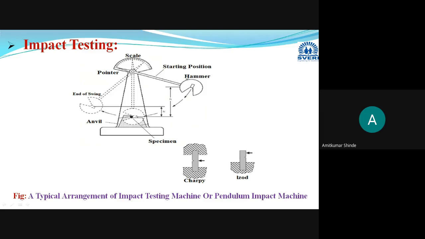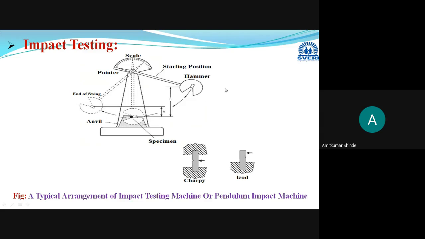The potential energy before release, at the starting position, is calculated by a simple formula: mgh. Here m is the mass, g is gravitational acceleration, and h is the height from which we release the hammer.